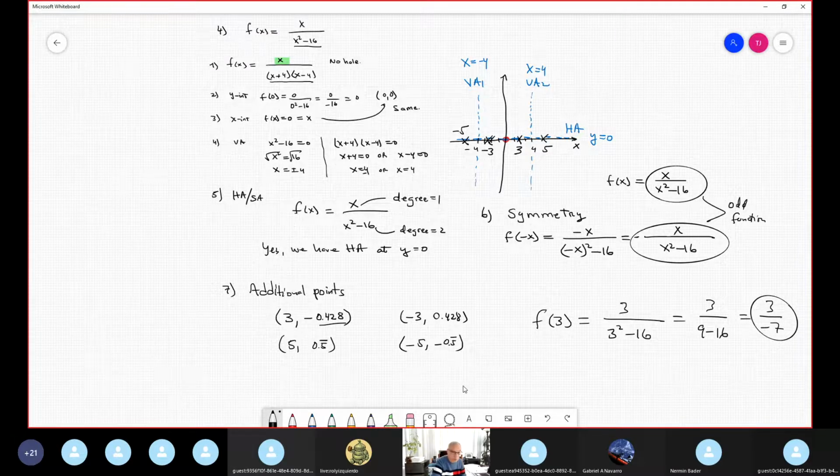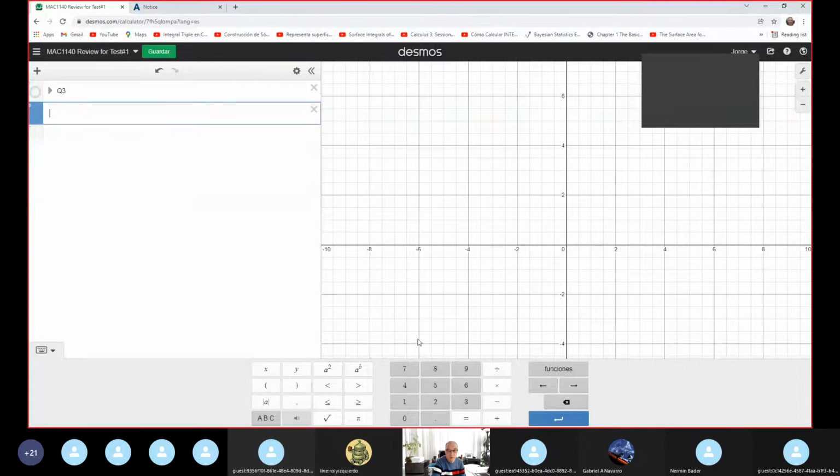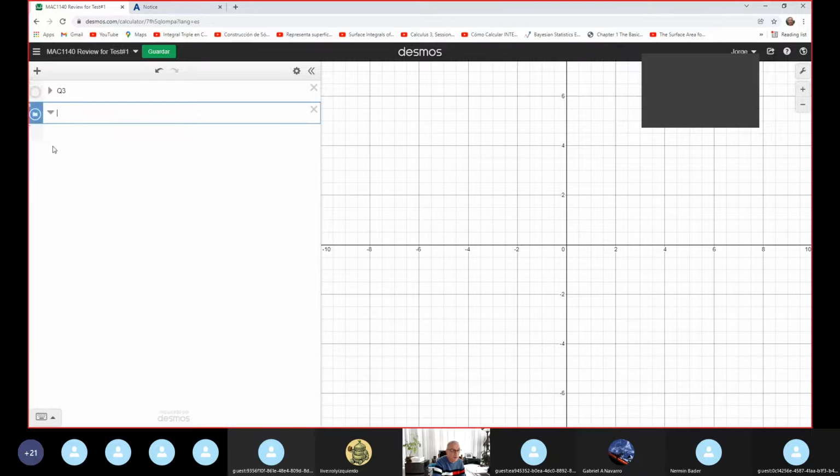Okay, but you don't need to do this, because when you go to Desmos, let me show you how. Okay, in Desmos, do you see Desmos now? Yes. Okay, you click on the plus, add element, folder. Folder, question 4.